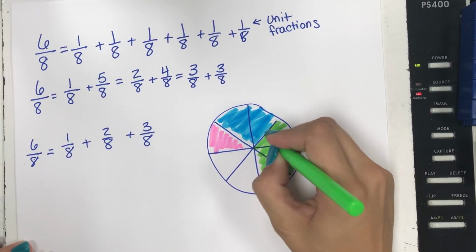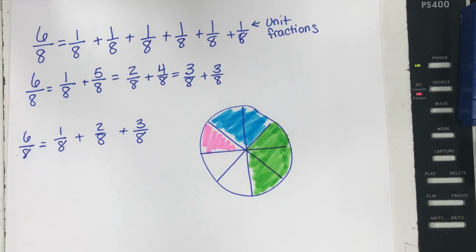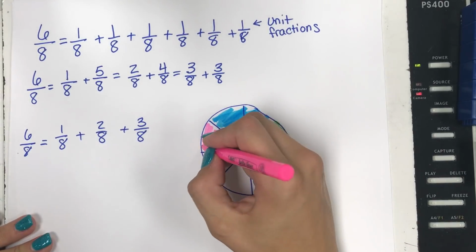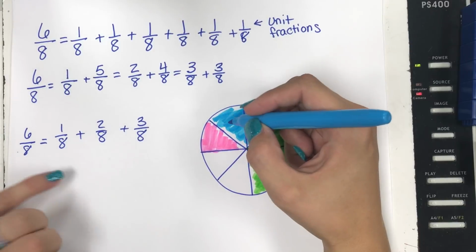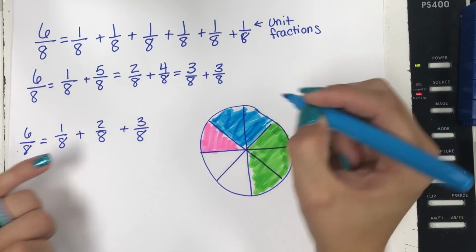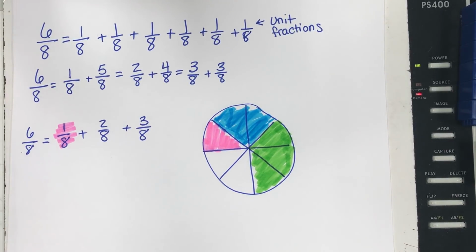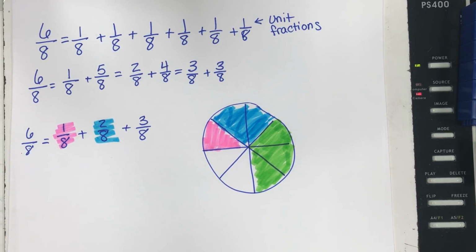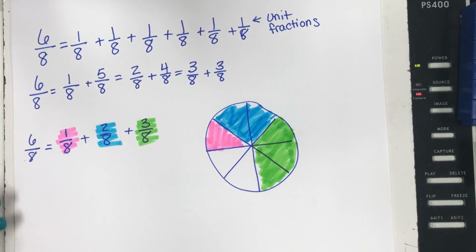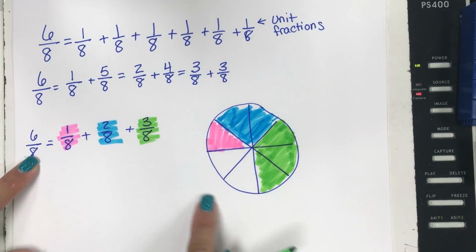But do you see how here in my picture I have 1/8 that's pink, I have 2/8 that's blue, and 3/8 that are green? So the way that this one is decomposed would show this picture.